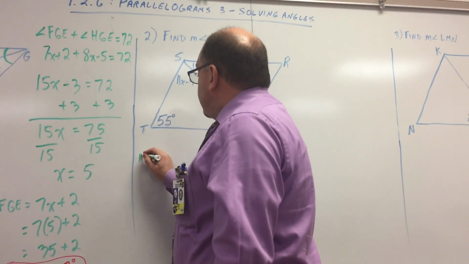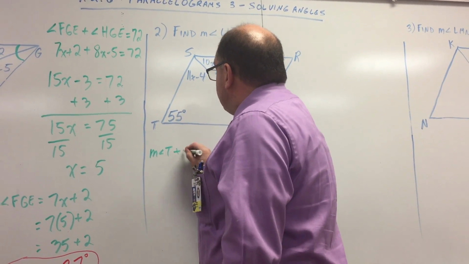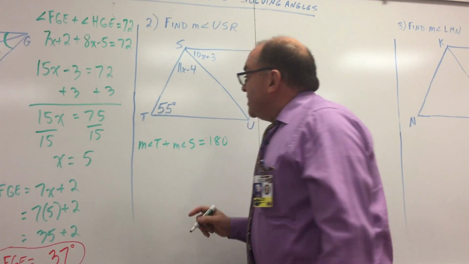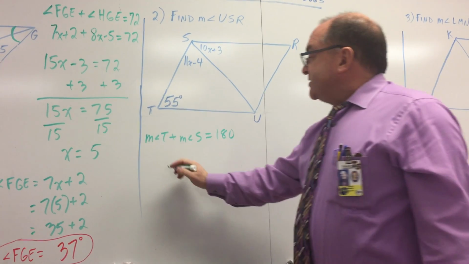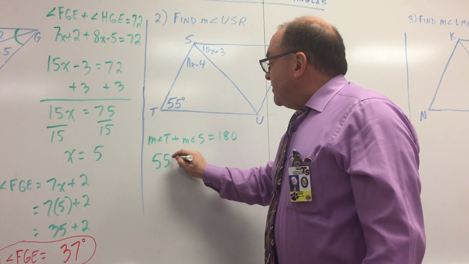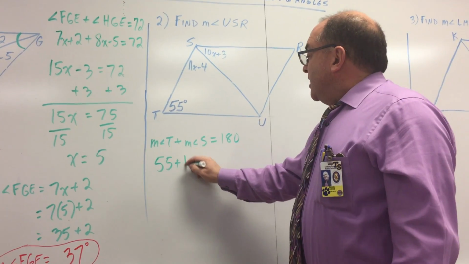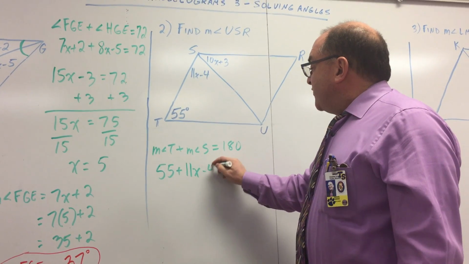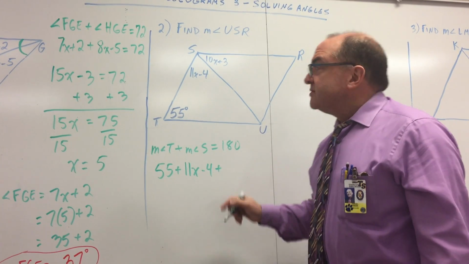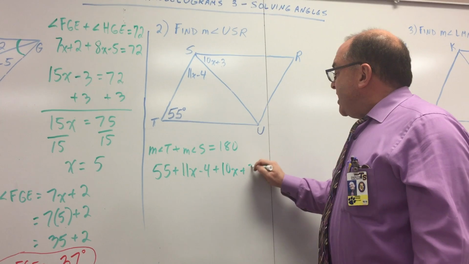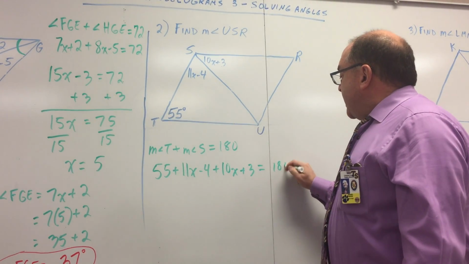The measure of angle T plus the measure of angle S adds up to 180. So instead of angle T, I'm going to say 55. Instead of angle S, I'm going to say 11x minus 4, plus 10x plus 3 equals 180.